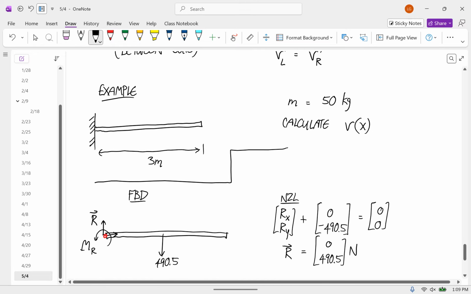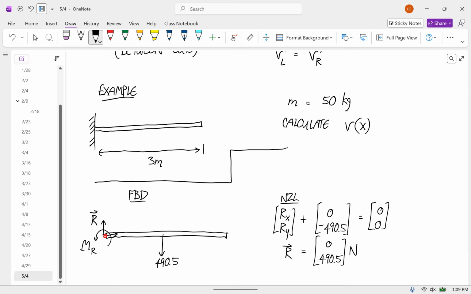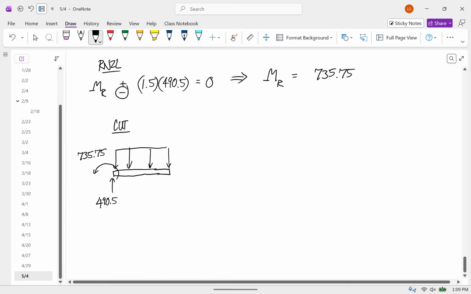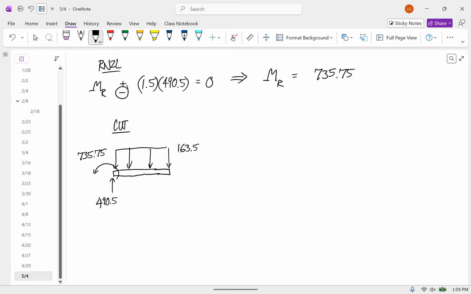That is a total weight of 490.5 divided by 3, so 163.5 newtons per meter for that distributed load.